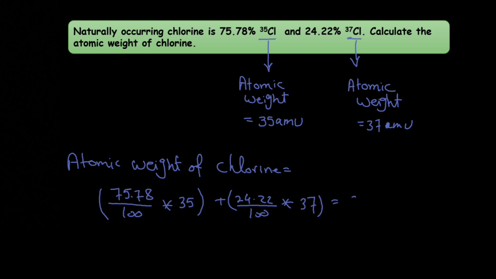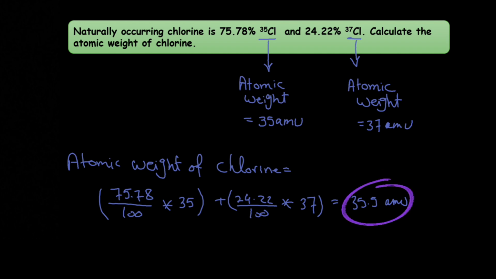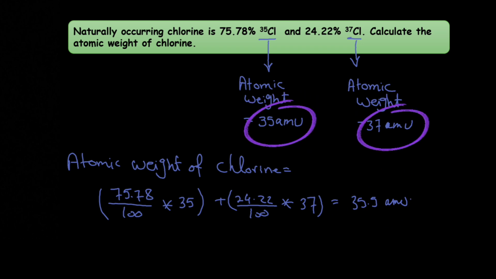So the atomic weight will become 35.5 AMU. This answer makes sense because the atomic weight, which is actually the average atomic mass, is between the masses of the two isotopes and is closer to the value of 35Cl, the more abundant isotope.